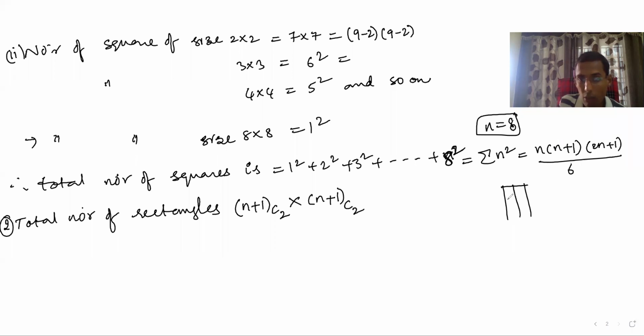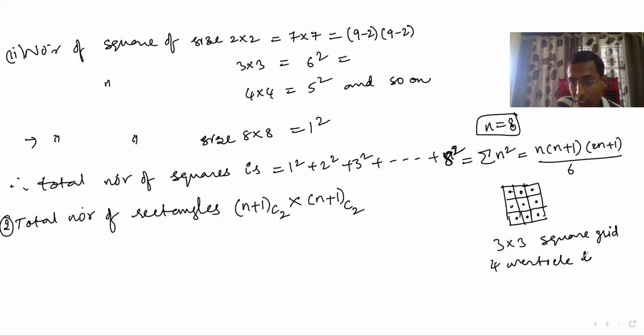Let's say you have a 3 by 3 square grid. 3 by 3 means here you have 3 squares along each side. This 3 by 3 square grid means 4 vertical lines and 4 horizontal lines.